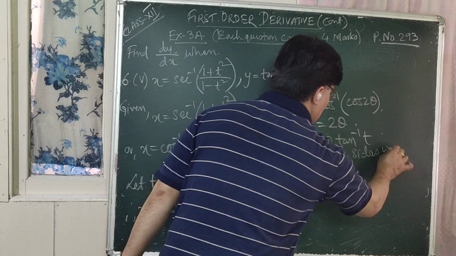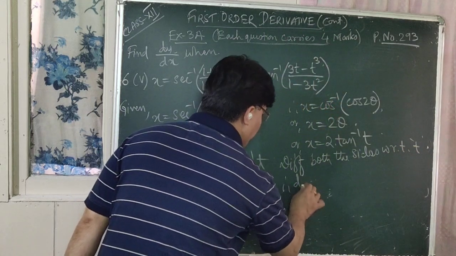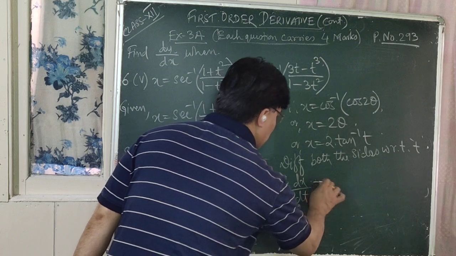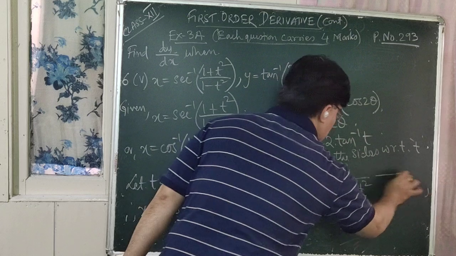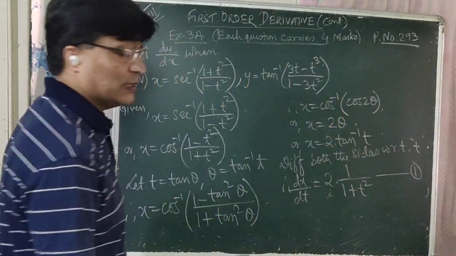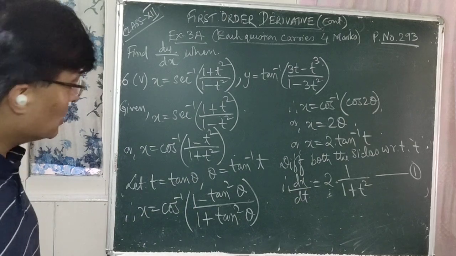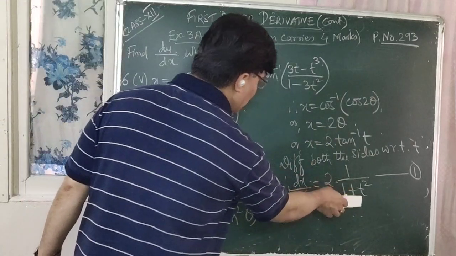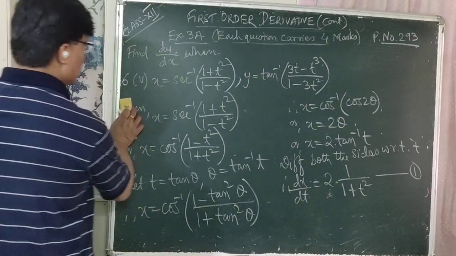Differentiating both the sides with respect to t. Therefore, dx by dt is equal to 2 into, let us mark it number 1, because 2 is constant out here. What is d by dt of tan inverse t? It is 1 upon 1 plus t square. Okay.